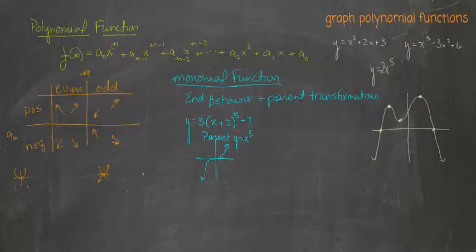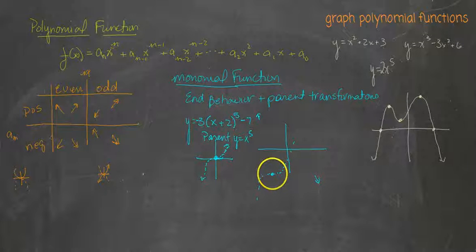So then all I have to do is take that and play with it using the translations. Let's change this up a little bit. Let's put a negative here just so I can give every translation. So the first thing is I know it's going to flip, and the end behavior is going to look like that, right? I also know that the place right here in the middle is going to go backward to 2 and then down to 7. And so the whole thing is still going to go like that, except before it does that, it's going to flip over and have a squeeze of 3.